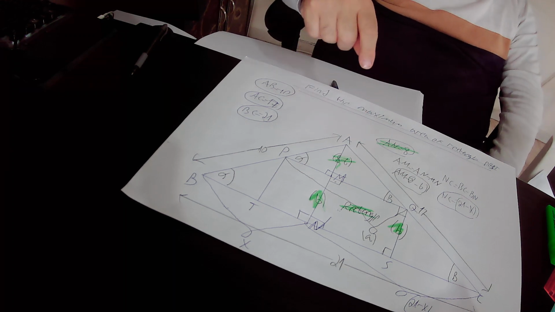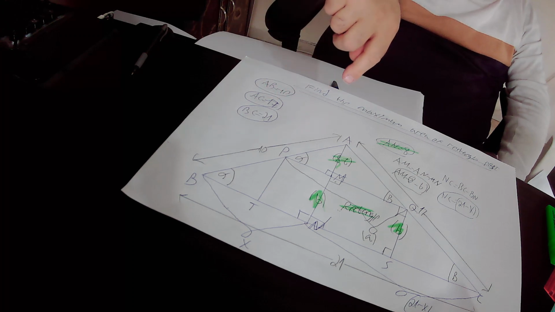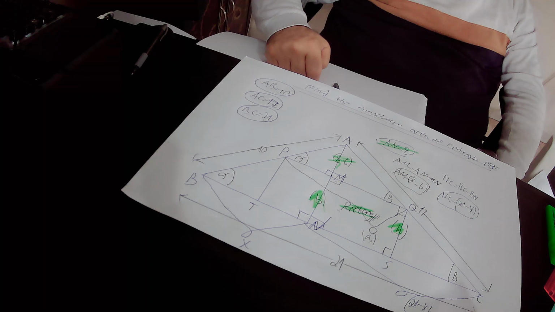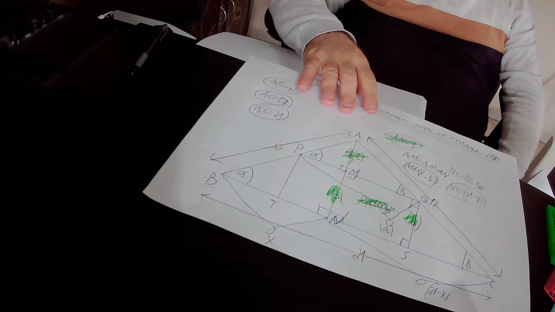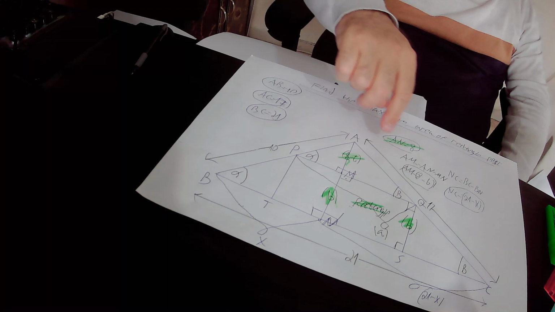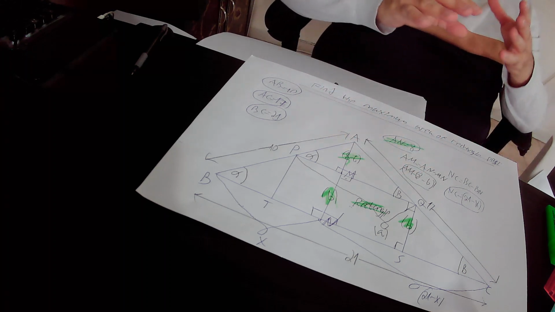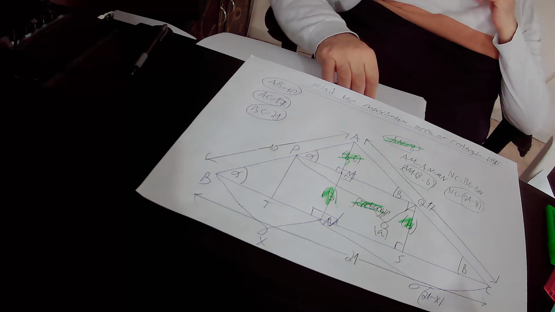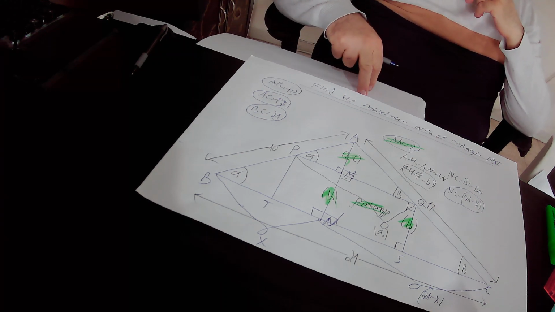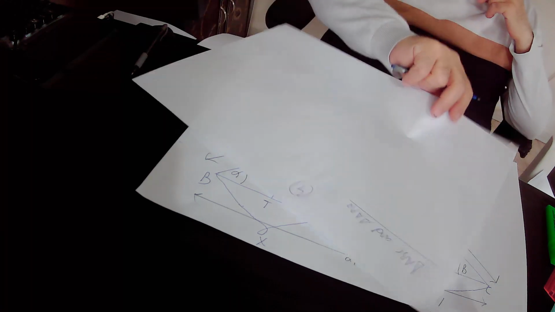So we actually found out that all the angles in the big triangle ABC are correspondingly equal to all the angles in the small triangle APQ. Therefore, triangle ABC is similar to the small triangle APQ according to the angle similarity rule. So I write it down.